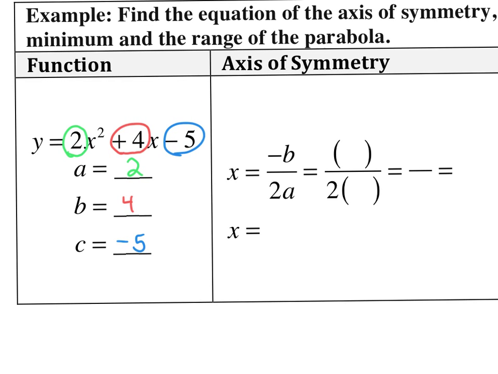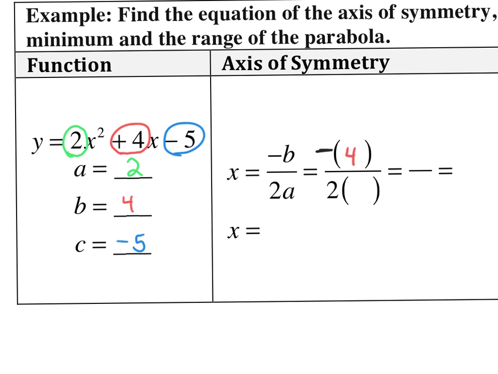In order to find the axis of symmetry, I'm going to use my super secret formula, x equals negative b over 2a. And what we do with that is just take the b here and the a and substitute accordingly. So the b is going to go in the numerator. Notice here that I still have to have the negative there. This negative is still in the front. So beware.